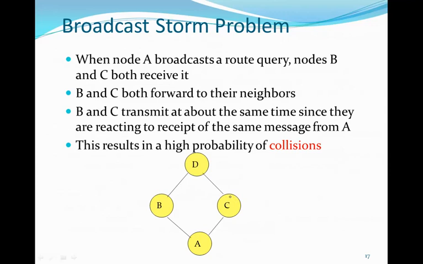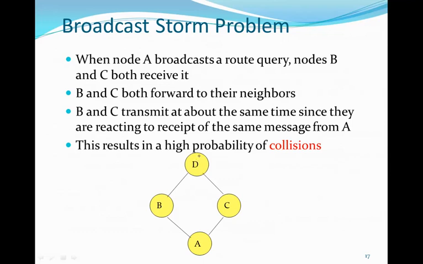Then in the next clock pulse, when B and C forward their query to their neighbors, D is their neighbor. So B and C transmit their route request in the same clock pulse. Therefore, there is a possibility that their packets may collide on the reception antenna of node D.